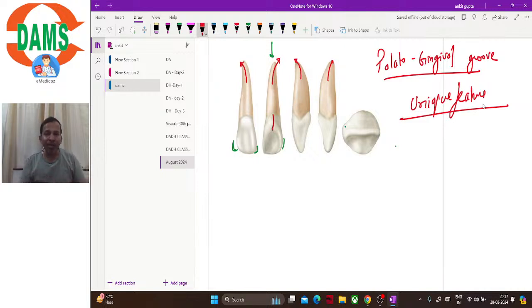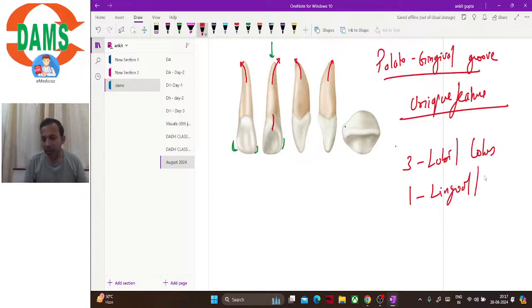We know that all the teeth are made up of multiple lobes, isn't it? The anteriors are made up of 4 lobes, 3 labial lobes and 1 lingual or palatal lobe, right? So the junction or the confluence of these lobes is seen as grooves.